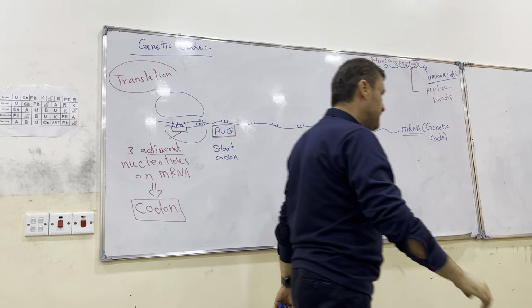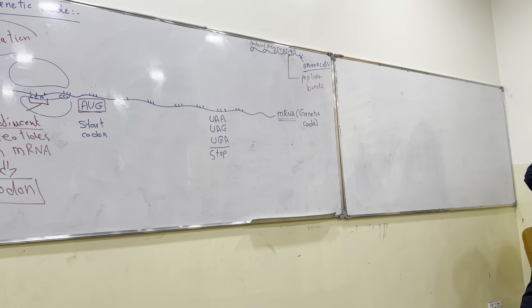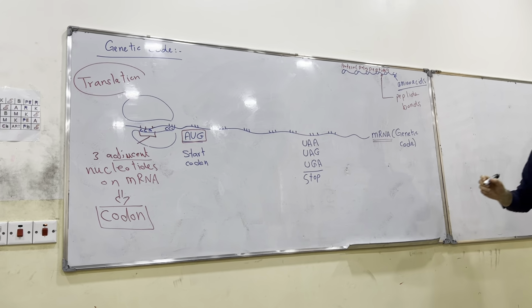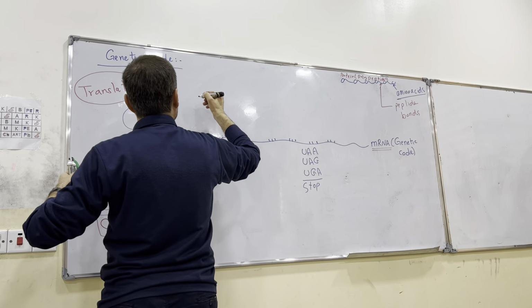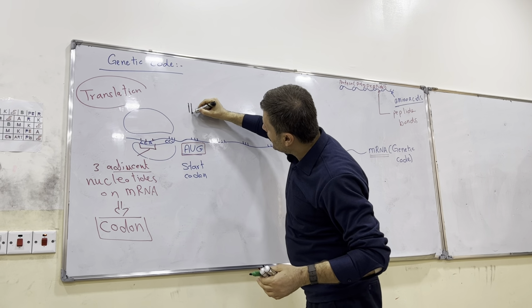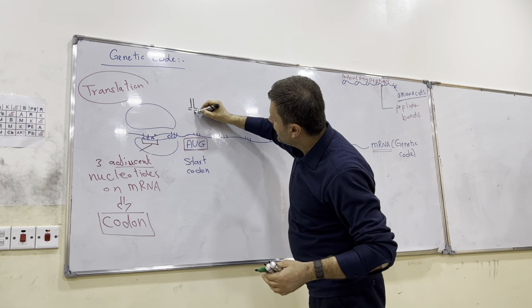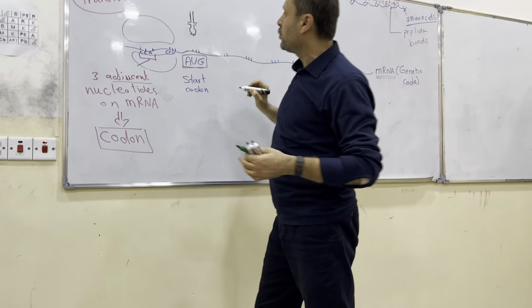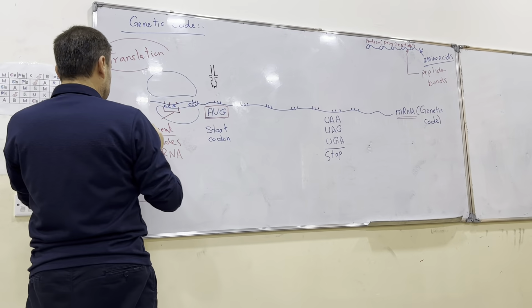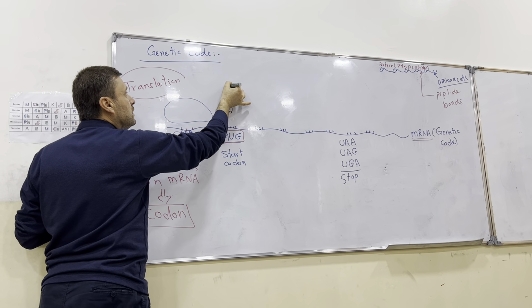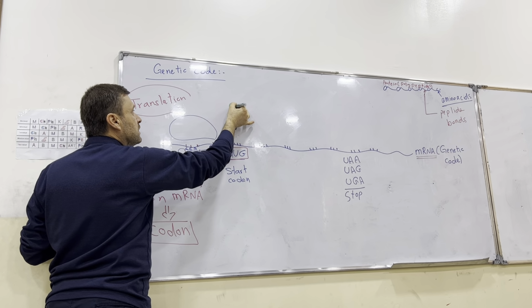The start codon process, how? Look, there is the tRNA. You know that it has a two-dimensional structure. At one end it has what? An anticodon, and on the other side it carries only one amino acid, right?